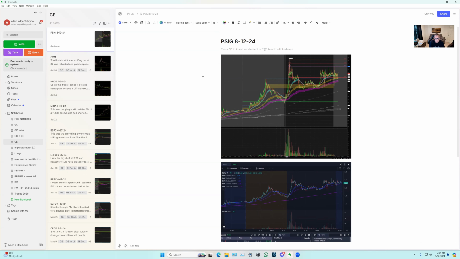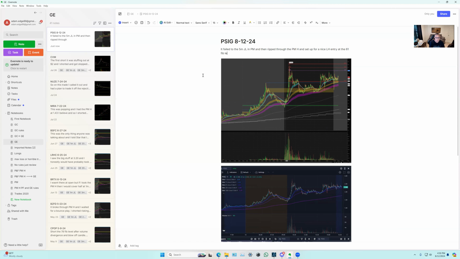Okay. It spiked to the 5 minute J lines in pre-market and then ripped through the pre-market high and set up for a nice lower high entry at the 61 fib level.